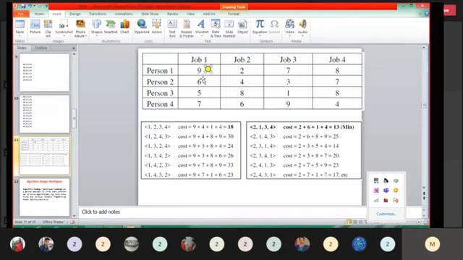Next, assign job number 2 to person 2. That is 4. 9 plus 4 plus job number 3 to person 3. That is 4. Now assign job number 4 to person 4. This is 9 plus 4 plus 1 plus 8. Is it clear to everyone? Yes, ma'am. First assignment.